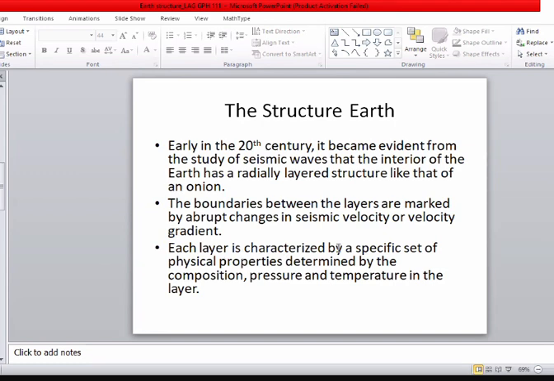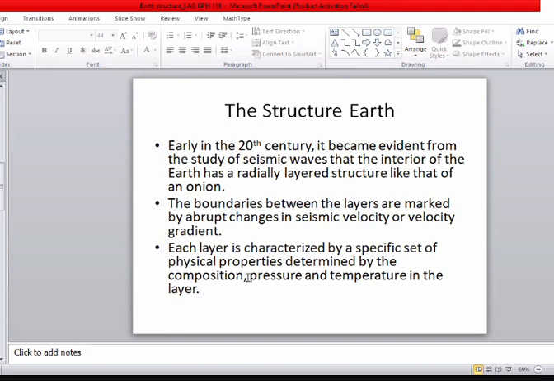So each layer is characterized by a specific set of physical properties determined by, one, composition. We are going to see the layers that make up the internal structure of the Earth. Each layer is characterized by some specific physical properties.